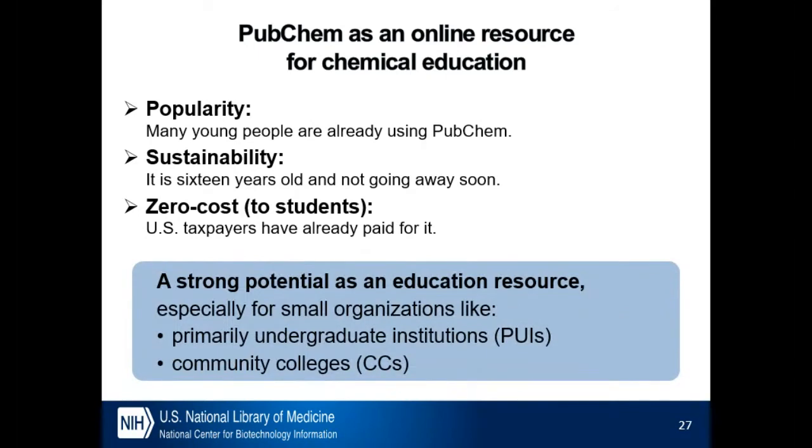Considering these advantages, PubChem has a great potential as an education resource for chemical information training, especially for small organizations like primarily undergraduate institutions and community colleges, which do not have enough budget for subscription-based resources like SciFinder and Reaxys.